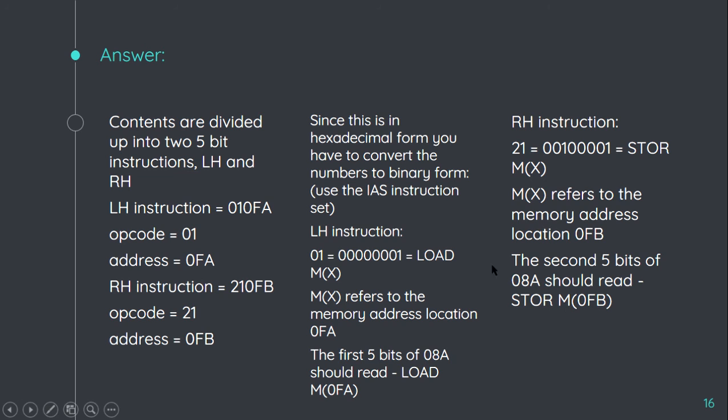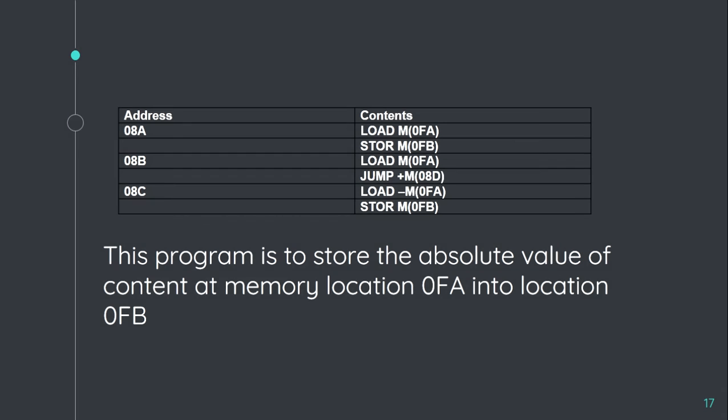Now do this for the contents at 08B and 08C, and you will have your assembly language code, which should look like this.